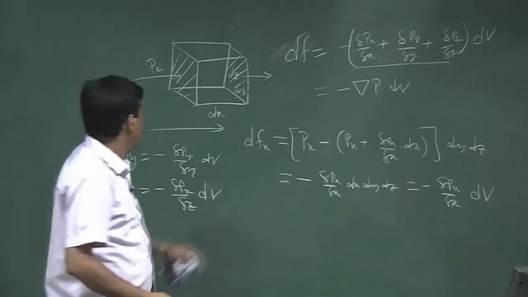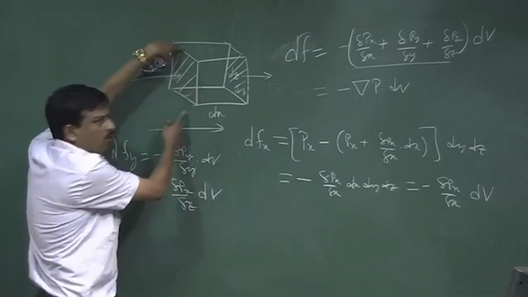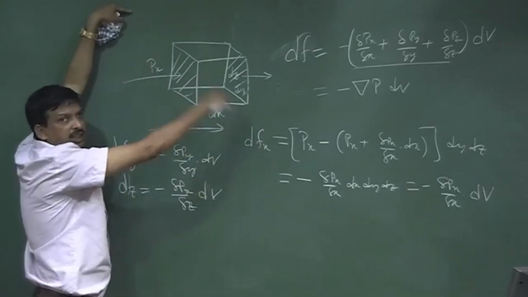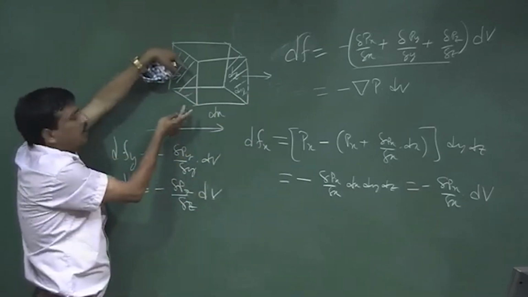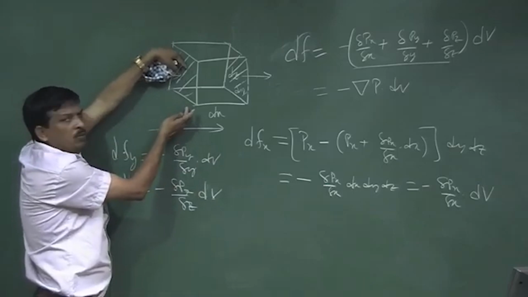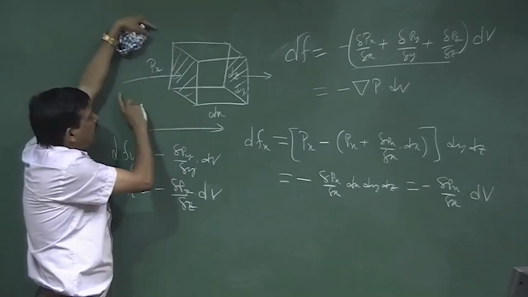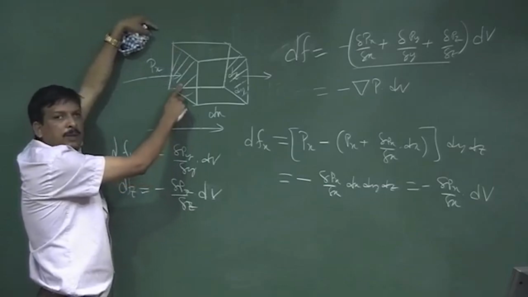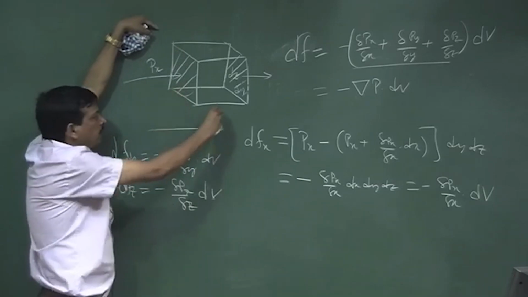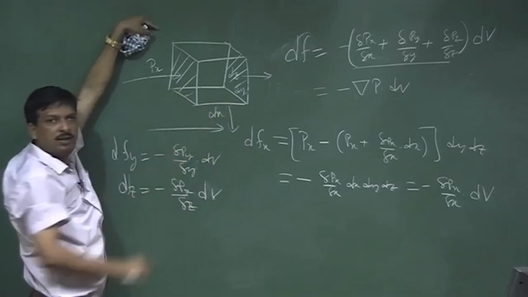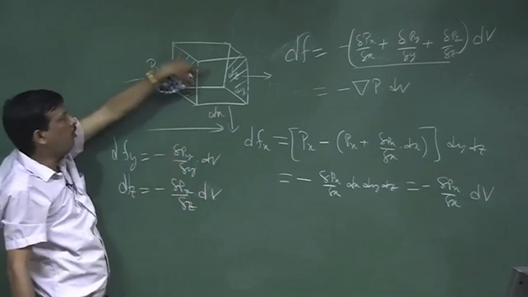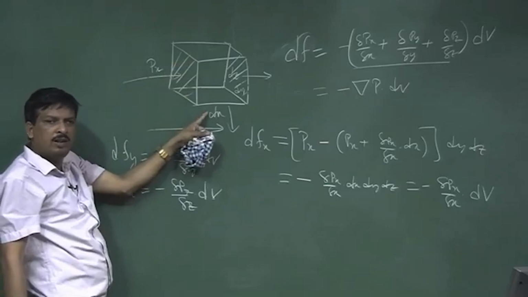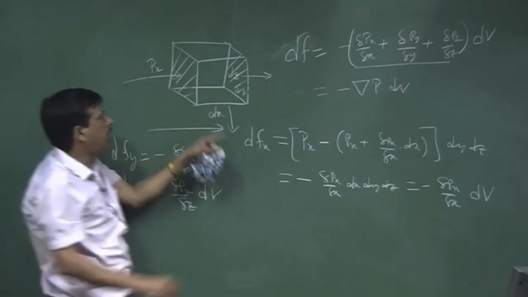Now, this volume is in the acoustic plane, and the whole thing is a liquid. So, in the liquid, this volume is not only exposed to the pressure force, but also exposed to the gravitational force. Gravitational force will work in this direction. If I consider the volume here, there is a gravitational acceleration g. What is the gravitational force?